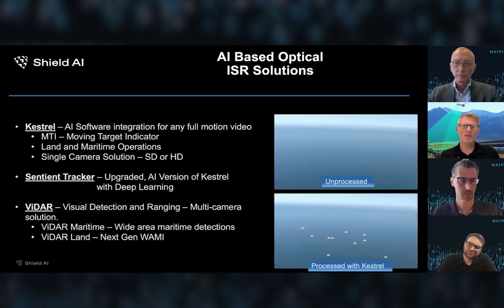So I'm going to talk about Kestrel, where we started, and then we developed last year Sentient Tracker, where we brought in our deep learning capabilities, and we have also developed VIDAR, which is a multi-camera capability for wide area motion imagery solutions for maritime and multi-domain operations. But we're just going to focus on Sentient Tracker and Kestrel today. Next slide, please.